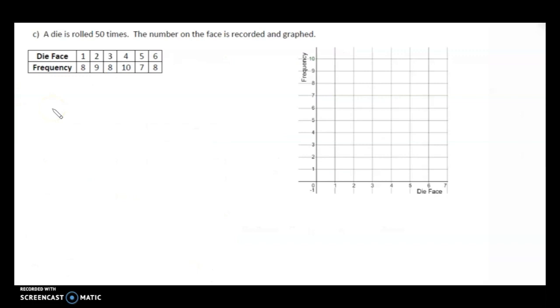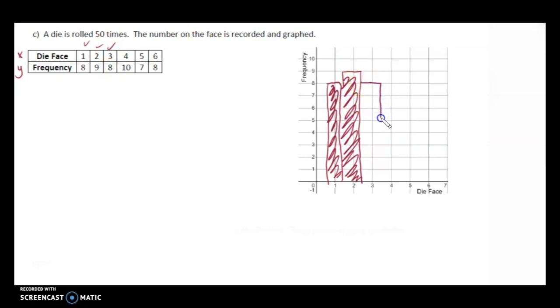C, a die is rolled 50 times, and the number on the face is recorded and graphed. So die face would be X, frequency would be Y. So the die face, 1 showed up 8 times. Okay, so 1 showed up 8 times, 2 showed up 9 times, 3 showed up 8 times, 4 showed up 10 times.